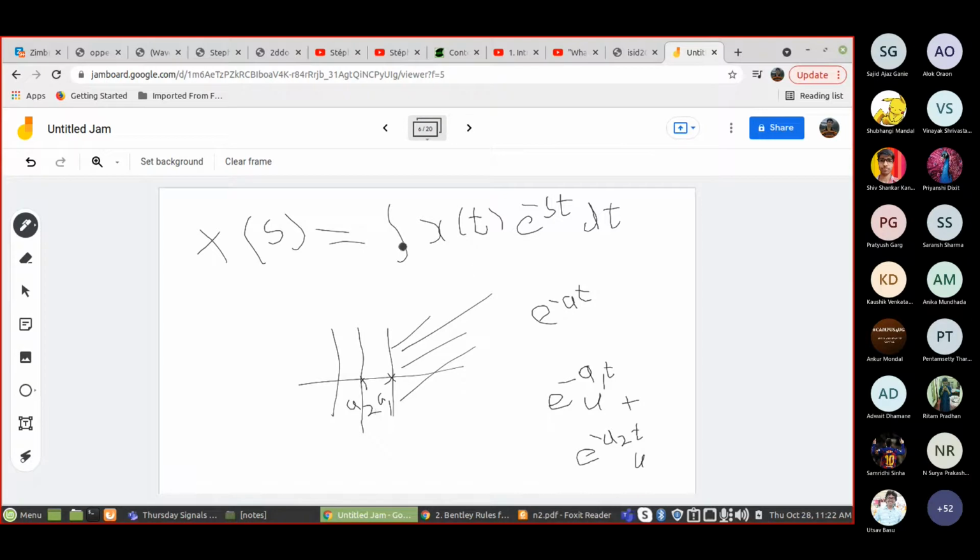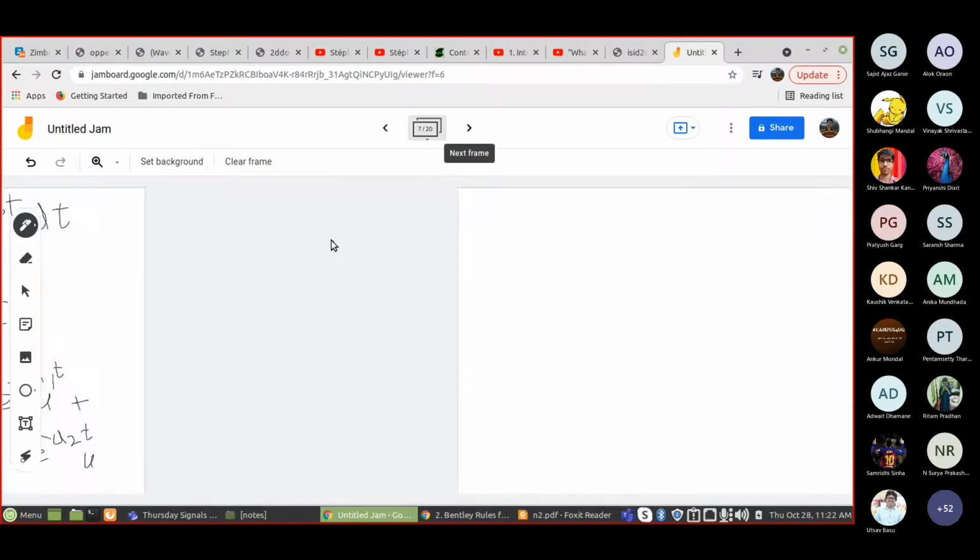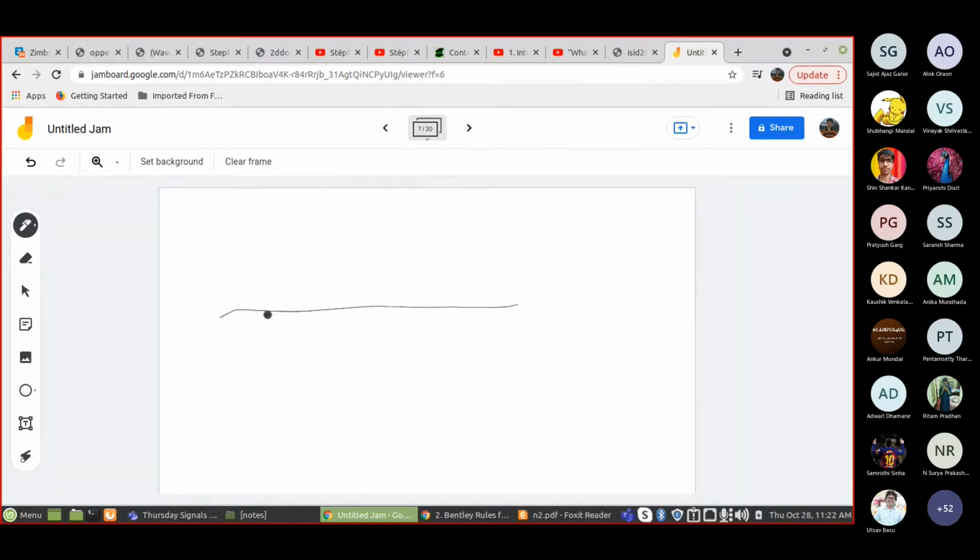If there are no poles, for example if your x of t is something like this, it exists only over a finite interval and is finite everywhere. So this is my x of t. What happens to this integral?